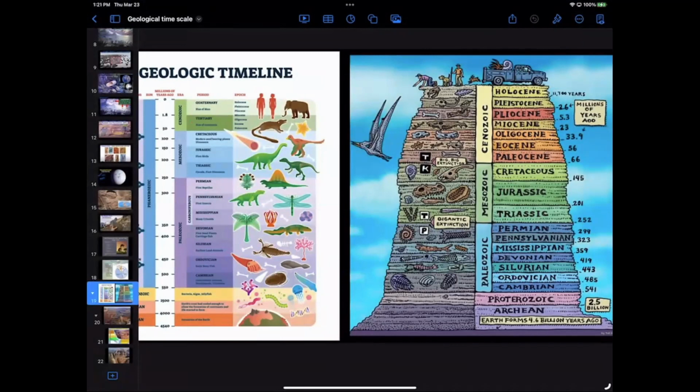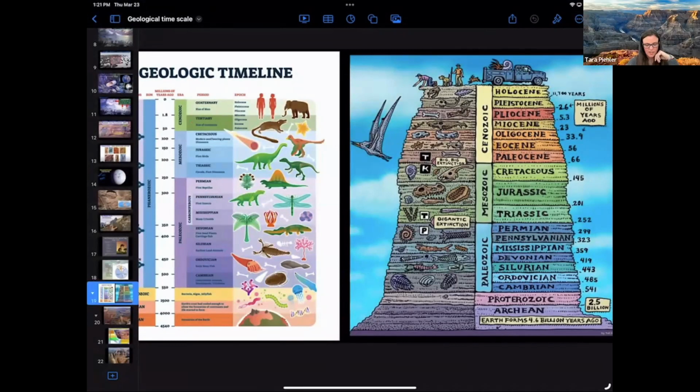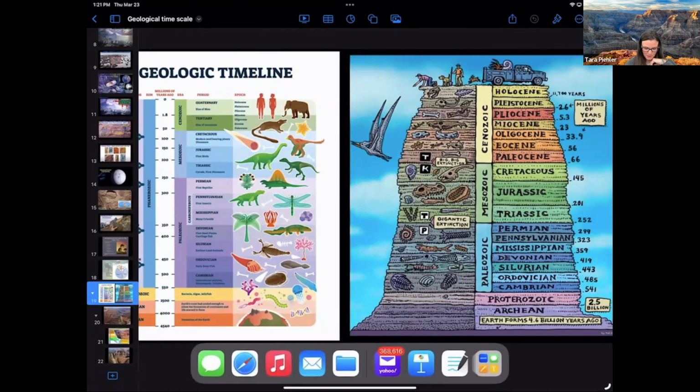And then what else? The Silurian. That's right. These two layers are missing from the Grand Canyon. They're not there. So we go straight from Cambrian to the Devonian, which we just put there. If you become a geologist, you can go figure out why. That's an awesome mystery there.